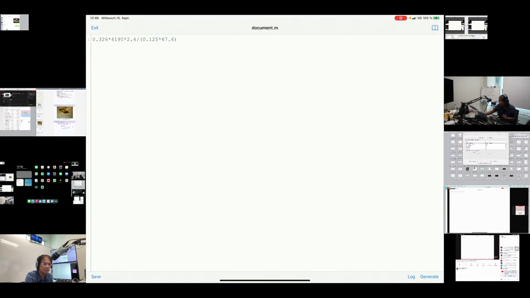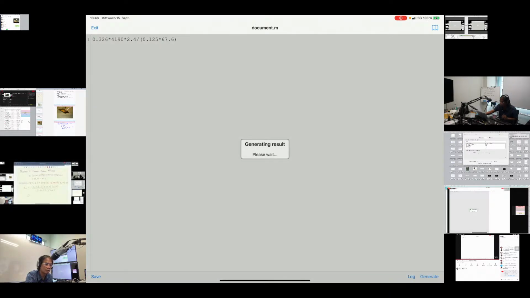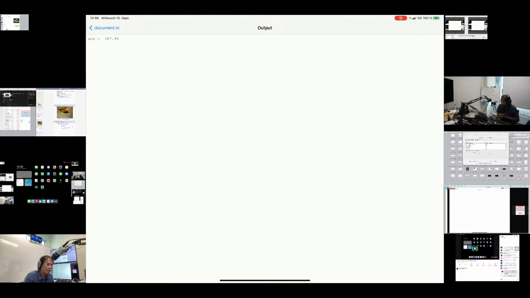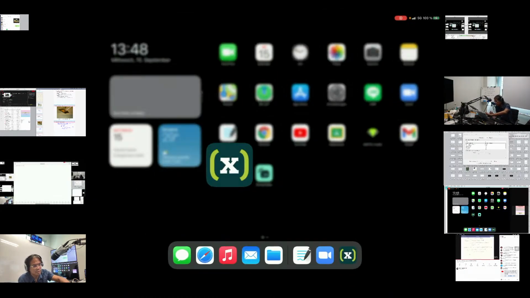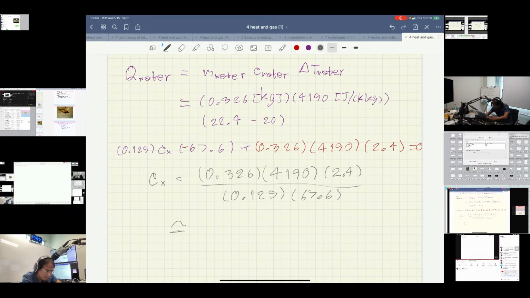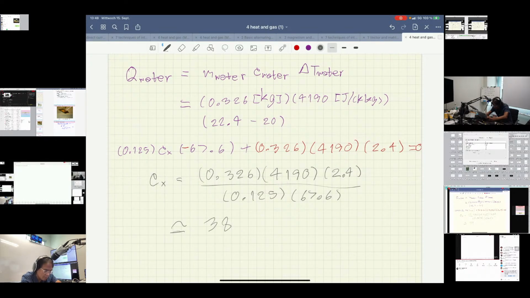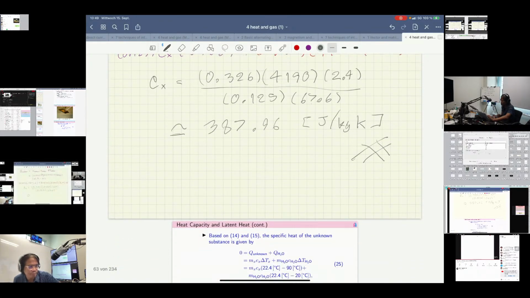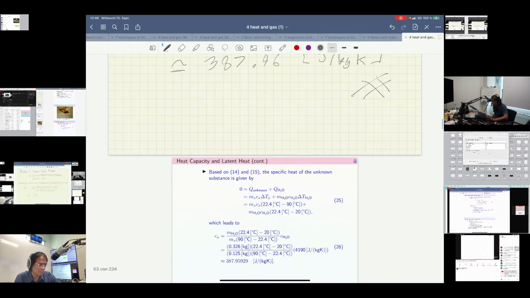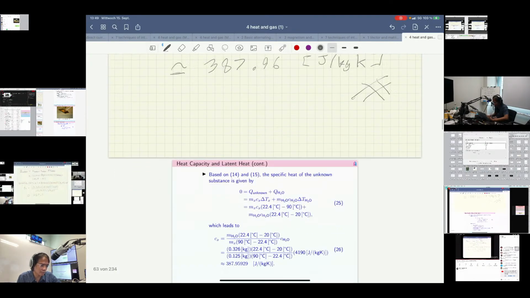Done, right? We get 387.96, and the unit is, of course, joule per kilogram Kelvin, right there. Okay, I'm not sure whether it's correct or not. 387, right here. Okay, it's correct.